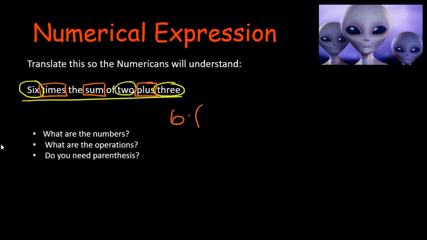Well, I'm going to put this in parentheses. 2 plus 3. Just to keep everything nice and tidy. Now, we don't have to put the dot there. We can put the 6 right up against the parentheses. It's whatever you choose to write to keep it straight in your mind. So there, we did it. So now the Numericans knew what to do.